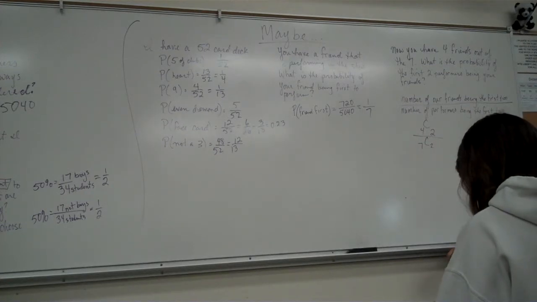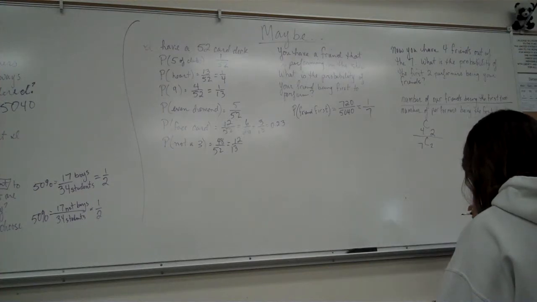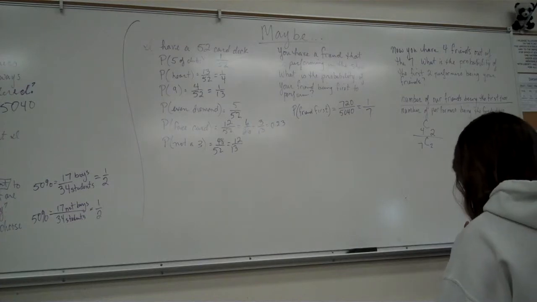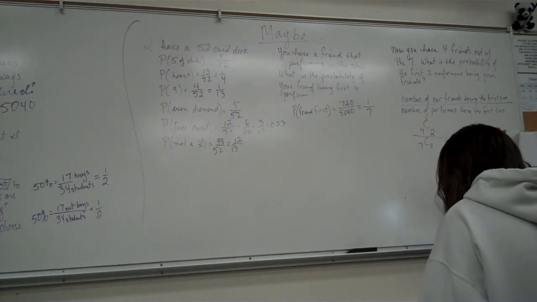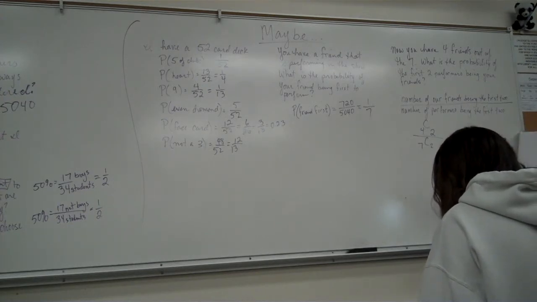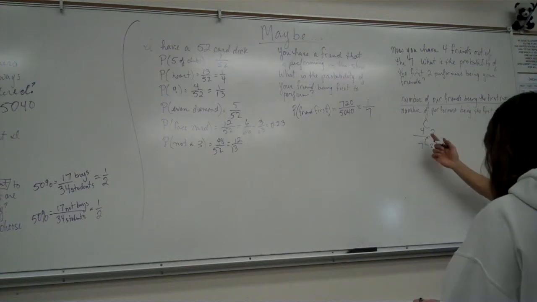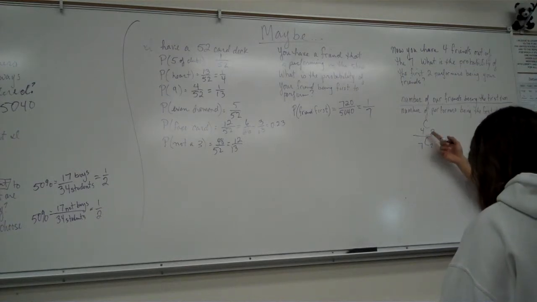So out of the 7, we choose 2. Those are the total number of performers that can be the first 2. Then out of that total, we look for the number of friends that can be the first 2. Since we only have 4 friends, it would be 4 choose 2.